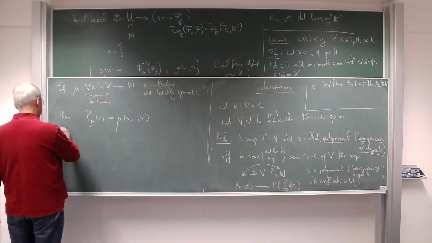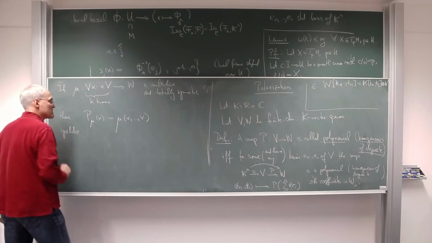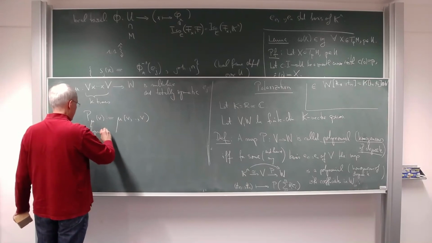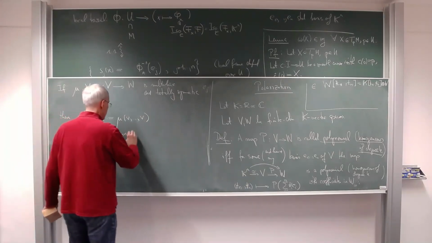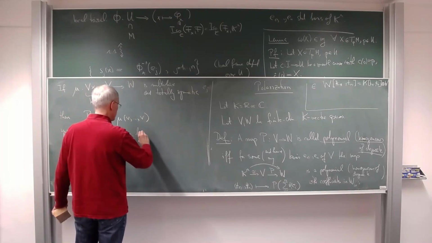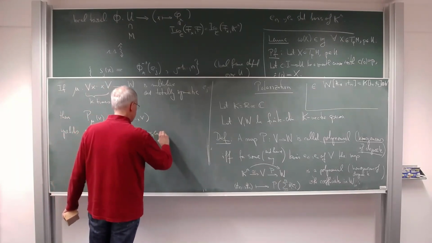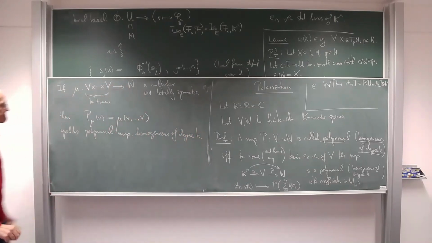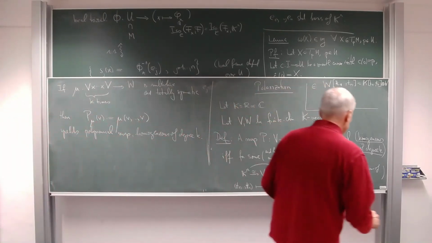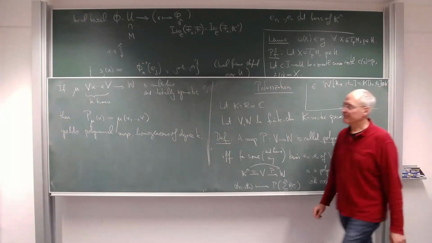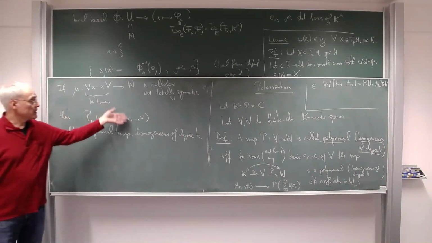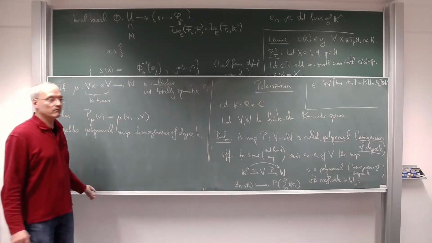Then this yields a polynomial map, in fact one which is homogeneous of degree k. And now the claim is that all polynomial maps homogeneous of degree k are of this form. So they all come from such a multilinear map.